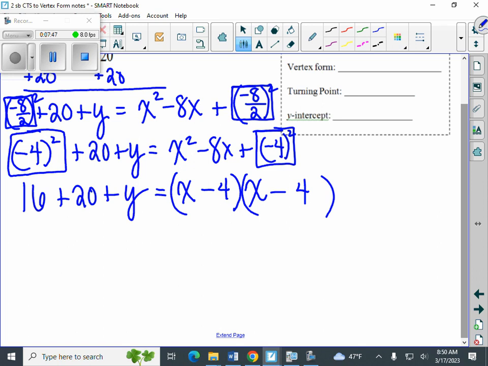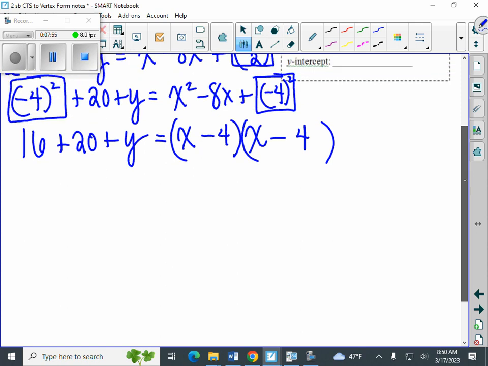So we are at step 5 here, which is to solve for y. We do need to condense, so we actually need to finish up step 4, but we've done the hard part. And x minus 4 times x minus 4 is x minus 4 squared. And on the left side, 16 plus 20 is 36.